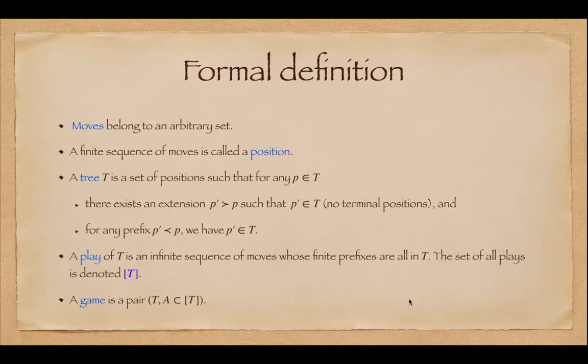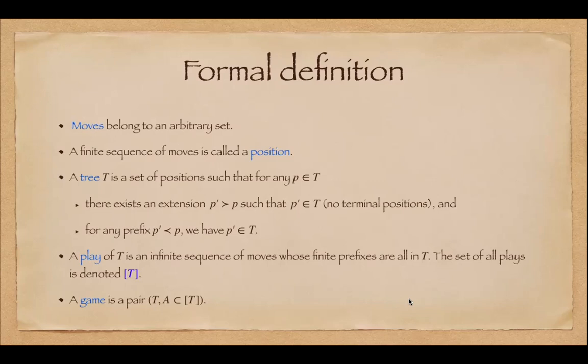And the second condition is that if a certain sequence is a position, then all the prefixes of that position are also possible positions. So this is what defines a tree. And a play is just an infinite sequence of moves whose finite prefixes are all positions.